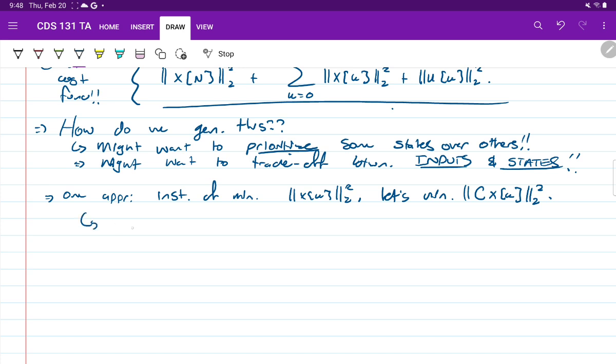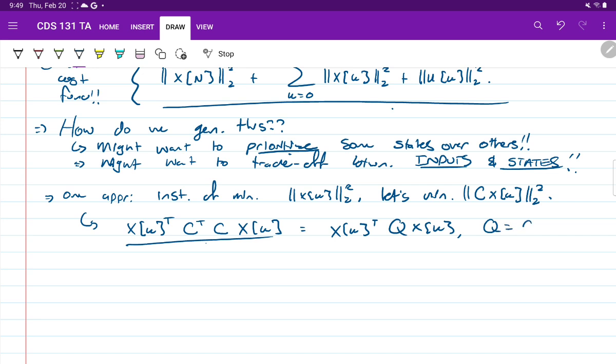If we go ahead and expand this out, then what we're actually trying to minimize is (C xk) transpose times C xk, right? If we just take (C xk) transpose C xk, then this is kind of what we get, all right? Now, for any matrix C out there, what this is going to be equal to is xk transpose Q xk, all right?